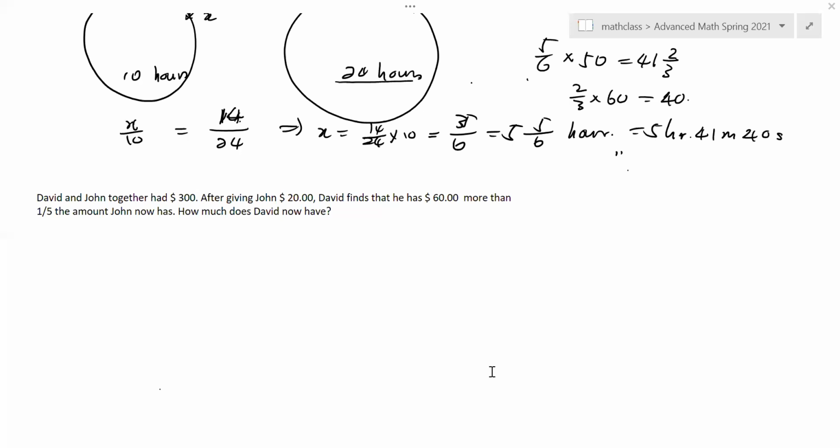When you do the homework, if you want to save a little bit of time, you can say David has X dollars now. And then you analyze the data and try to write down the equation in terms of X.